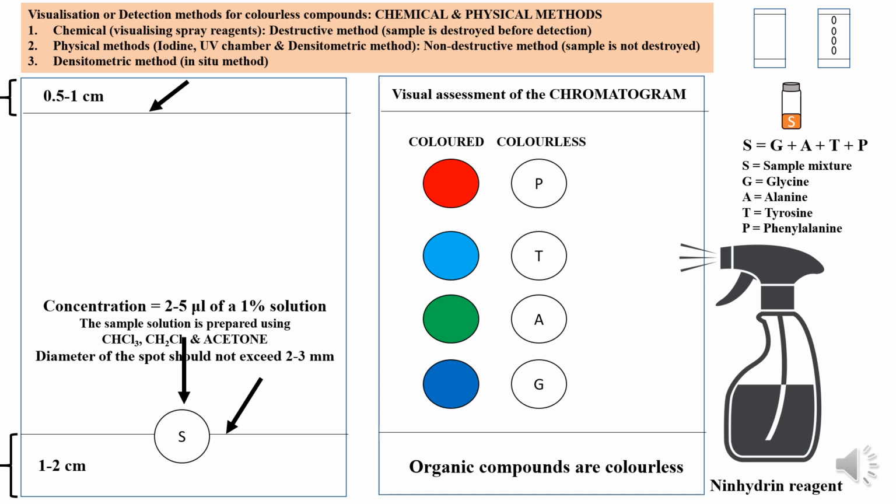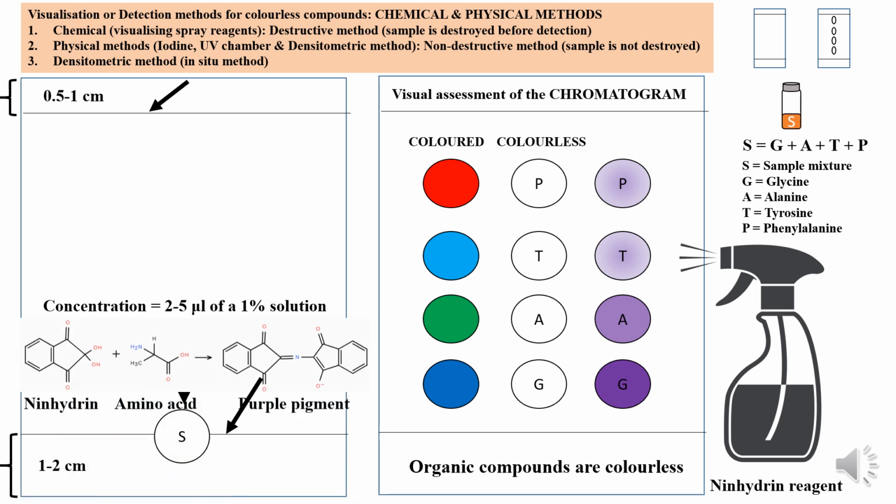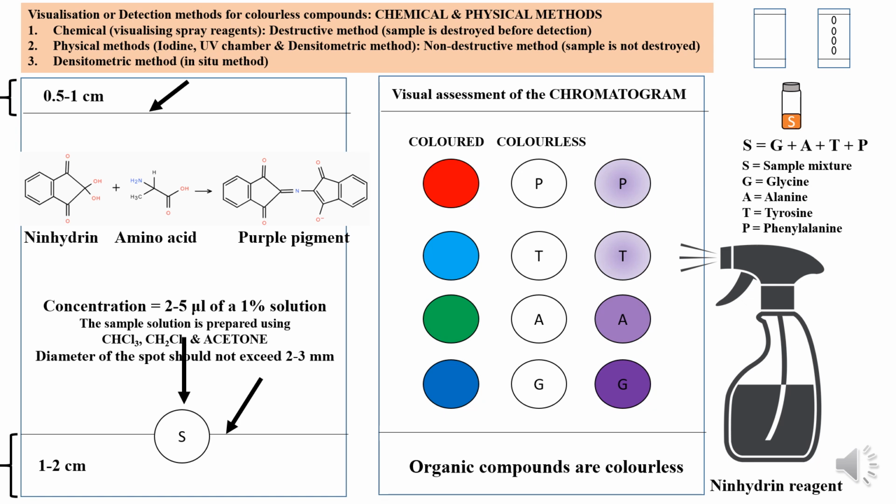Now ninhydrin reagent is the recommended reagent for the identification of the amino acid spots separated by TLC technique. And when you spray the TLC plate with the ninhydrin reagent, you see the purple colored spots appearing. And the reason for appearance of these purple colored spots is due to the chemical reaction between the ninhydrin reagent that is sprayed onto the TLC plate and the amino acid spots.